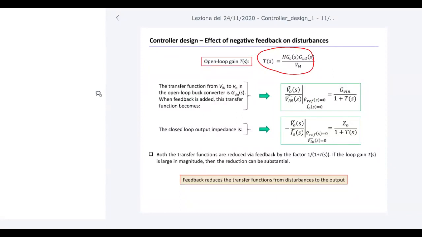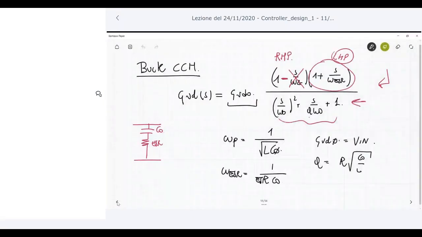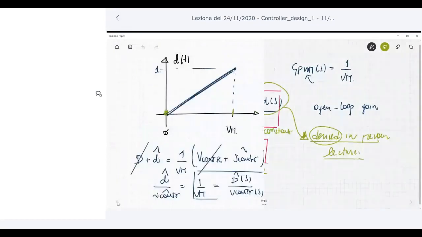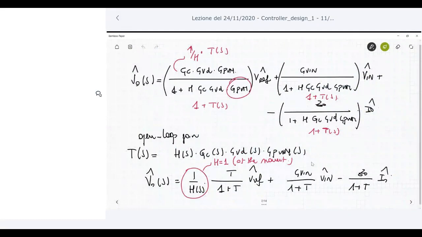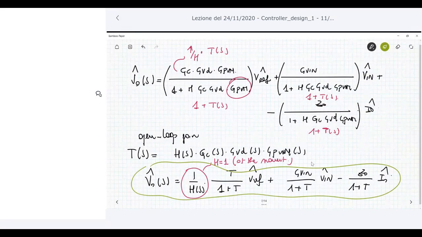And if you look at, let me share my white screen here. If you look at what is written here, in this expression, I have that the variation of the output voltage as a variation of the reference voltage is described in this way.